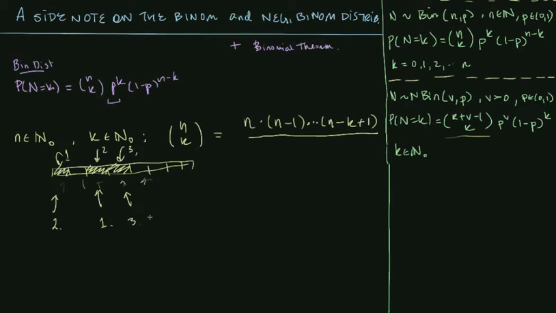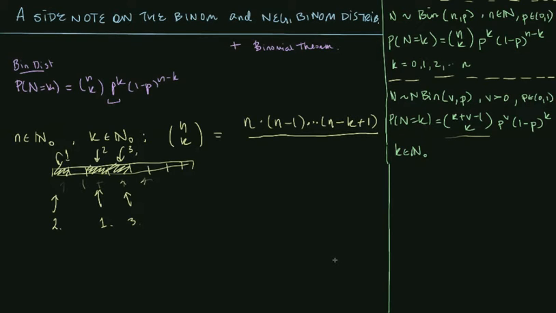When we talk about the number of ways we can choose k elements out of n in the binomial coefficient, we disregard the order. So we count both of these two ways of choosing as the same way. So we have actually counted too many different ways to choose k.